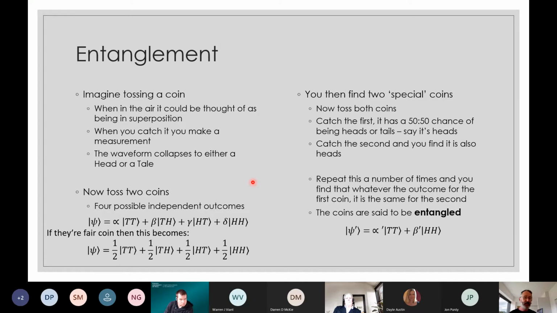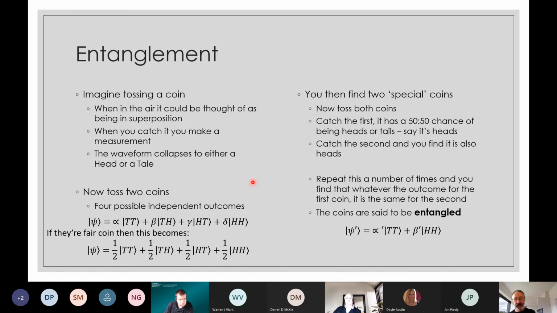So imagine you've got two special coins. You toss both coins and you catch the first, and there's a 50-50 chance that it's heads or tails. Right, you catch the second, and it turns out to be exactly the same as the first when you look at it.